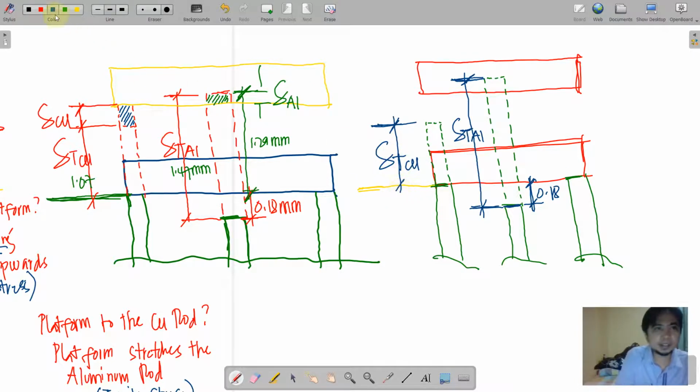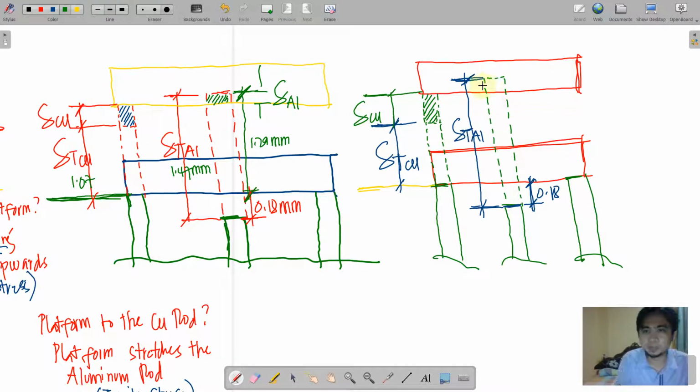And since that is originally attached, of course, the excess here is a stretch that is caused by the push of aluminum to the platform, and as the platform goes up, it will also pull your copper upwards. So this is delta of copper due to tension.